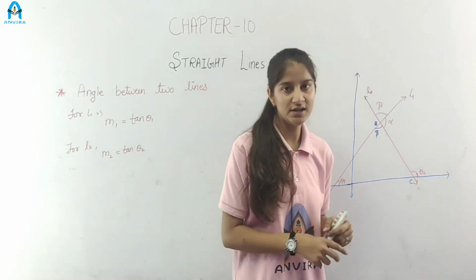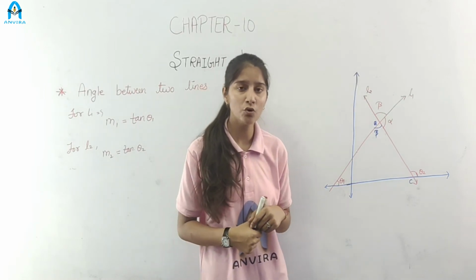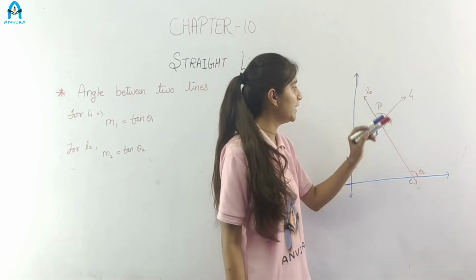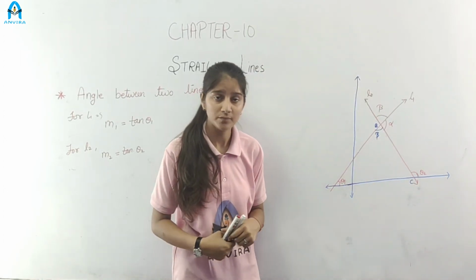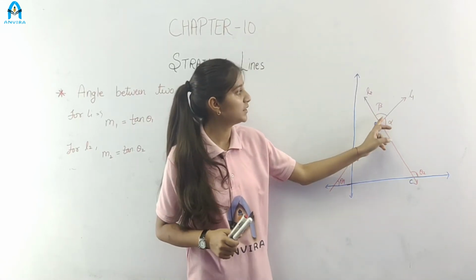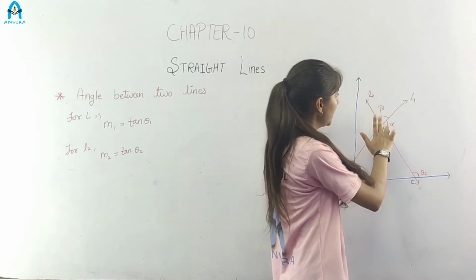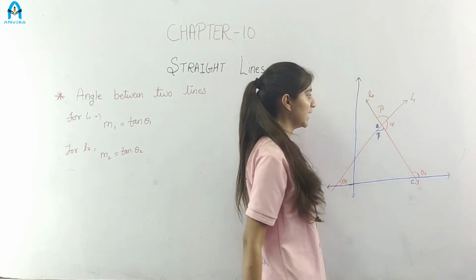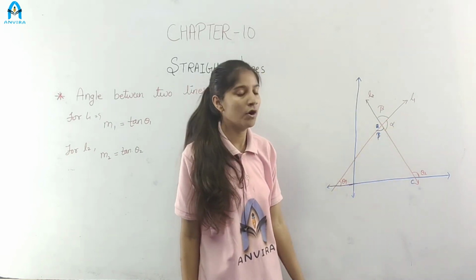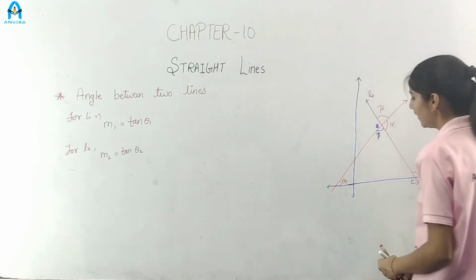Here the lines are intersecting, so we can't apply the condition of parallelism also. So how can we find it? Let alpha and beta be the angles of inclination of both the lines on each other. That means line 1 made an angle of beta on line 2, and similarly line 1 made an angle of alpha on line 2.